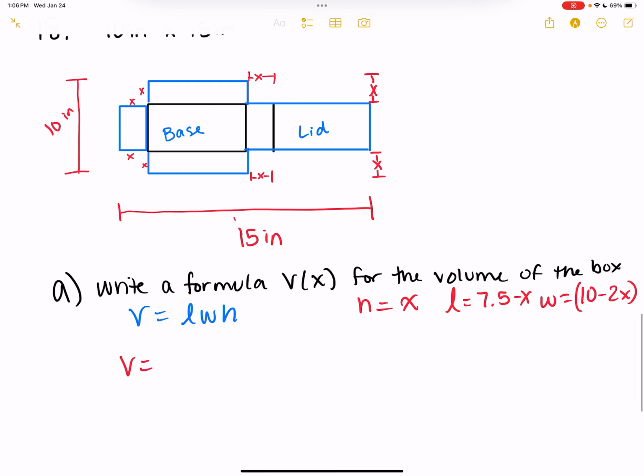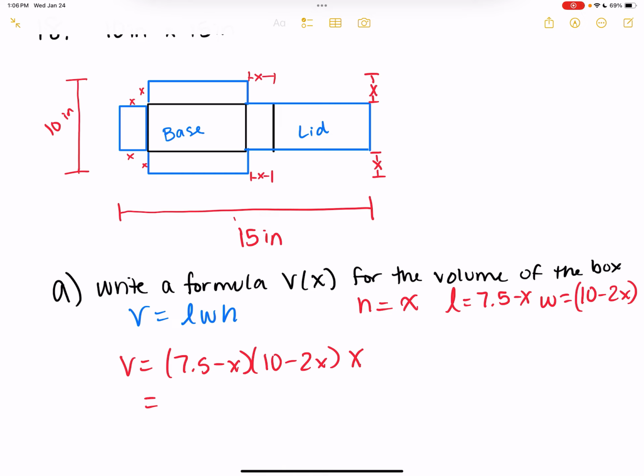So now this is equal to 7.5 minus X times 10 minus 2X times X. But I'm not going to leave it like that. So what might I do? Mainly because I don't want to do a product rule, I might distribute.